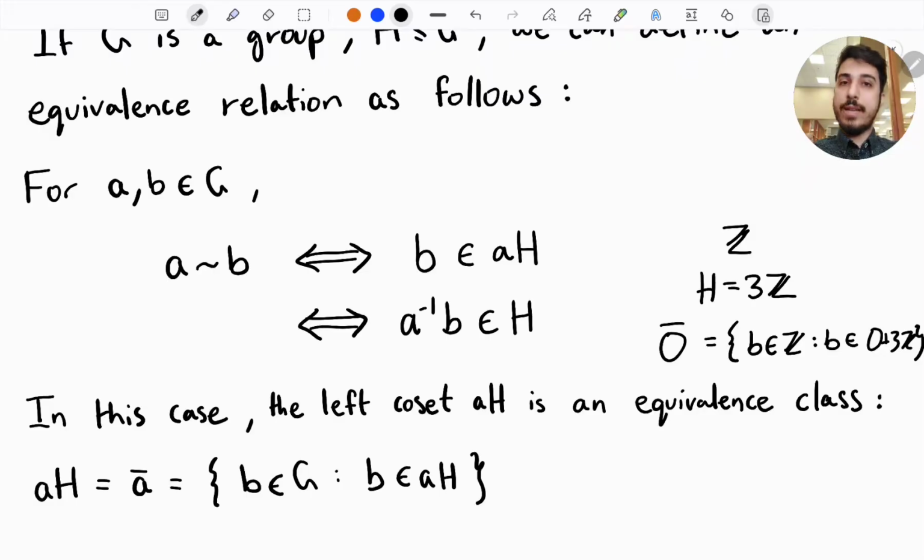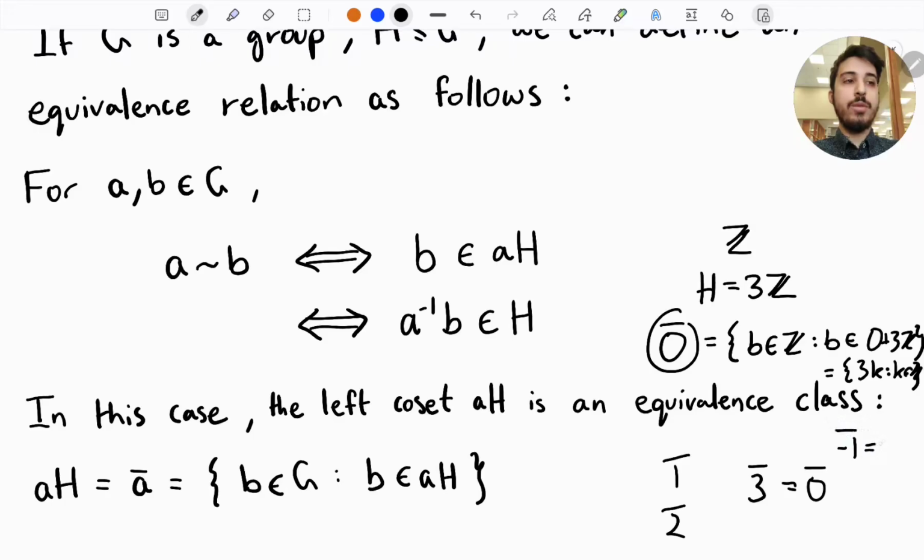But we know that the integers in 0 plus 3Z are just the multiples of 3, so we can say this is equal to 3k for k integers. So we can have 0 bar, we can have 1 bar, 2 bar. Notice that 3 bar is equal to 0 bar. And for example, minus 1 bar is equal to 2 bar.